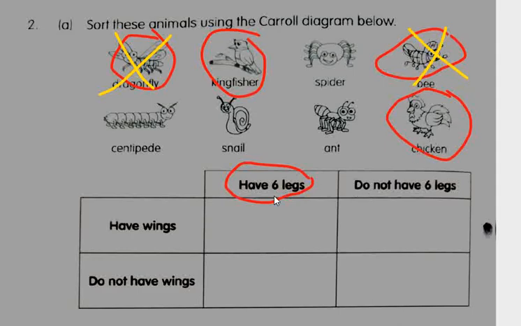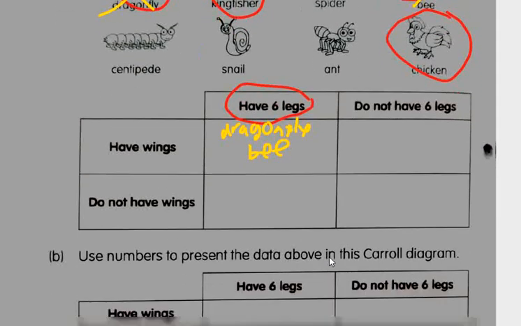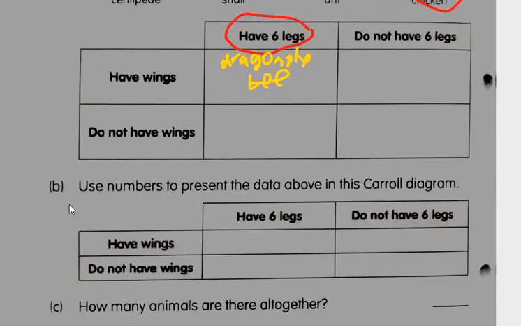So just put dragonfly here and bee here. Alright, I will give you the rest to do. And let's proceed to question B. Use numbers to present the data above in these Carroll diagrams.